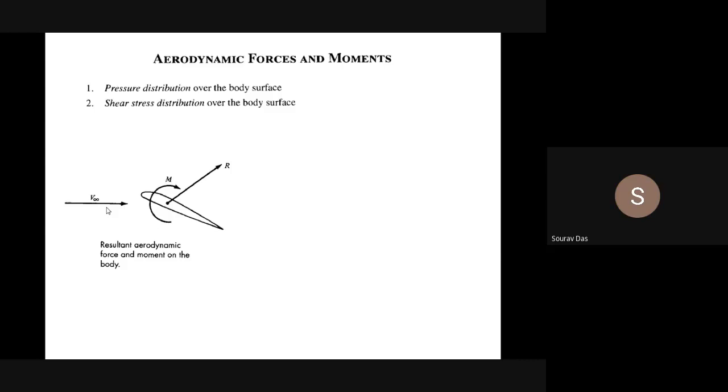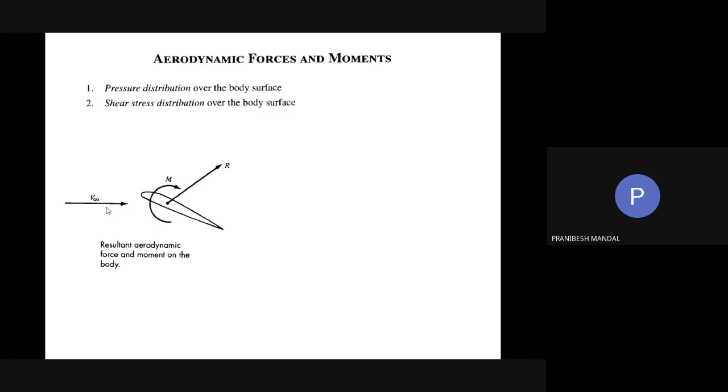Okay. So now I am coming to the next part of action. The shear stress and the pressure distribution in total obviously generate some sort of force and some sort of moment on this particular aerodynamic object, this particular aerofoil.